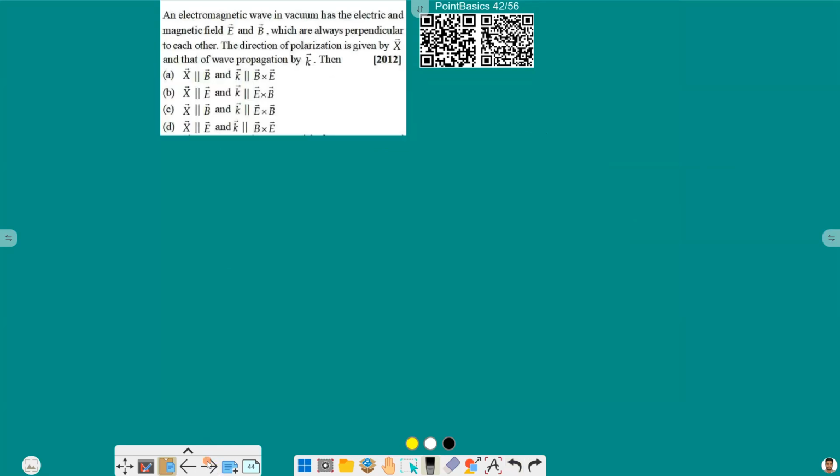Let us move ahead. Now, electromagnetic waves in vacuum have an electric and magnetic component, E and B, which are always perpendicular to each other. Direction of polarization is given by X, and that of wave propagation by K. We know that polarization, mind my spelling, happens due to the visible component of light, and that visible component comes from the electric field.